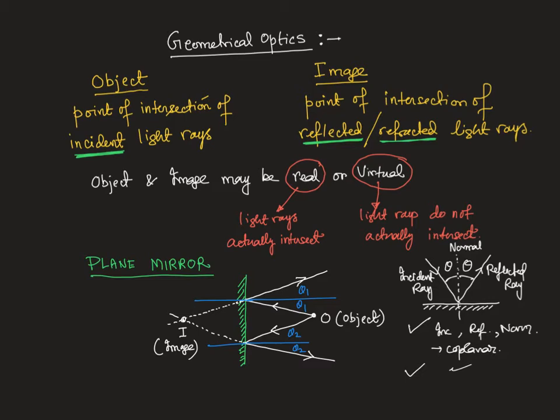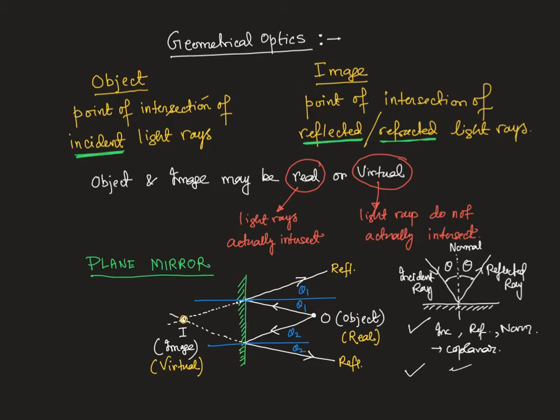This object, see, the object is real, exactly, the object is real, and the image is virtual, because see the reflected light rays, they do not actually meet at the point, right? If we extend them, the intersection point, the image, does not actually exist.